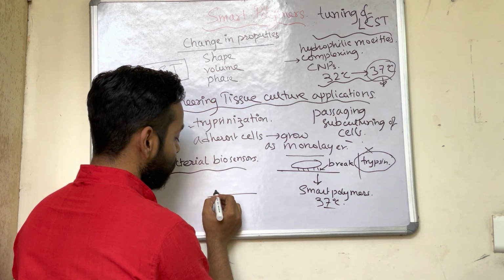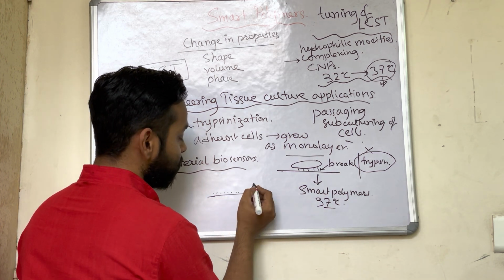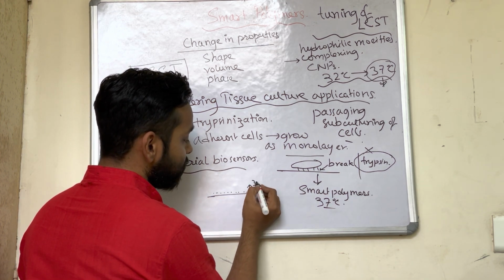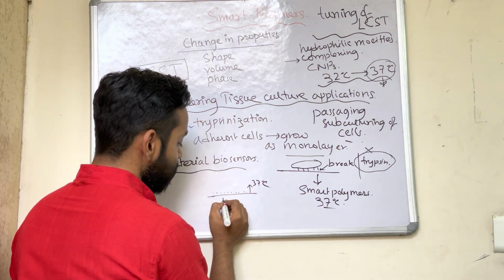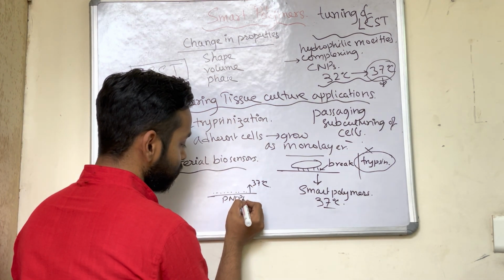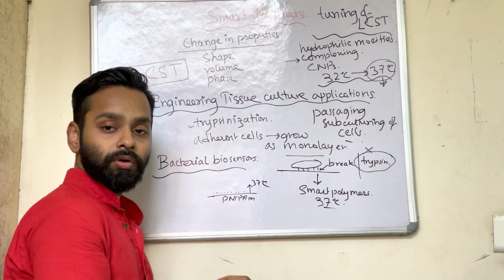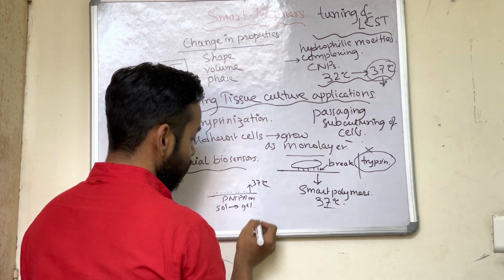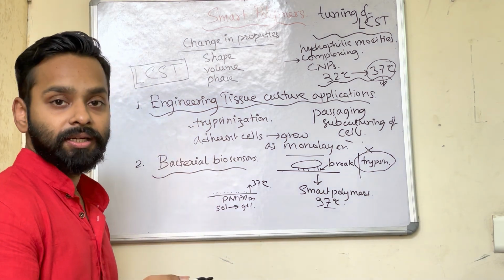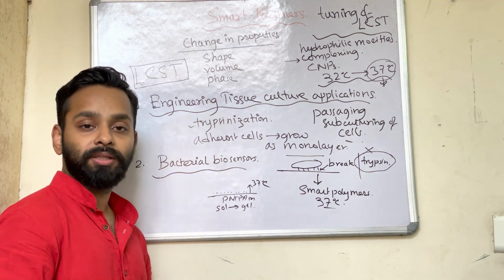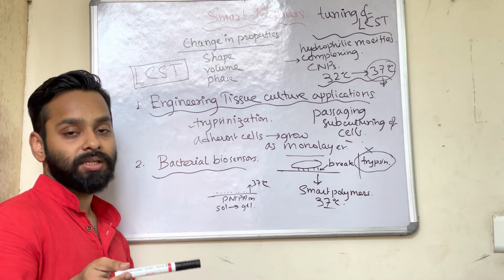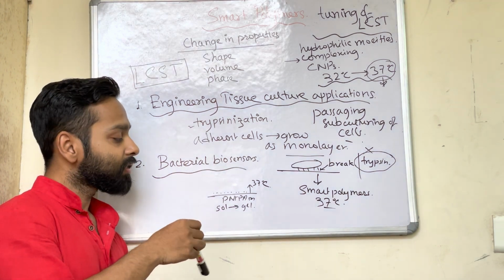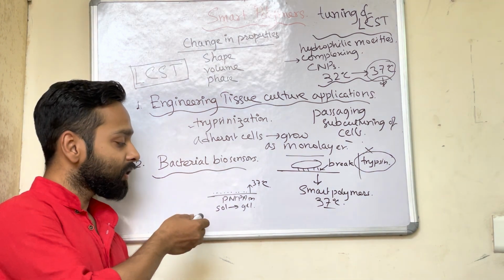So if a bacterial biofilm is produced, the temperature will increase to 37 degrees Celsius, and PNIPAm will undergo this sol to gel transition. If we see this sol to gel transition, we can be sure that there is certain bacterial contamination in a particular sample, which is enabling the transition.